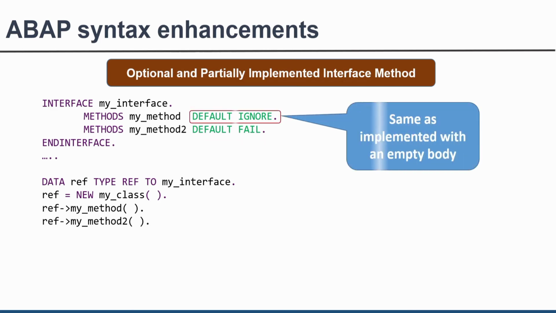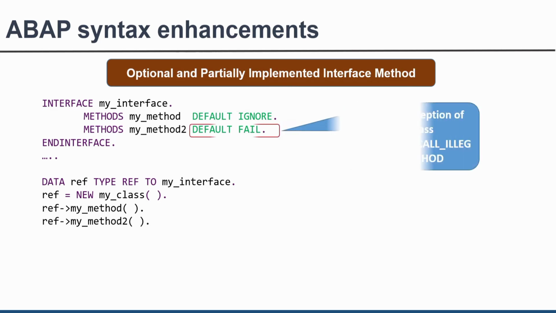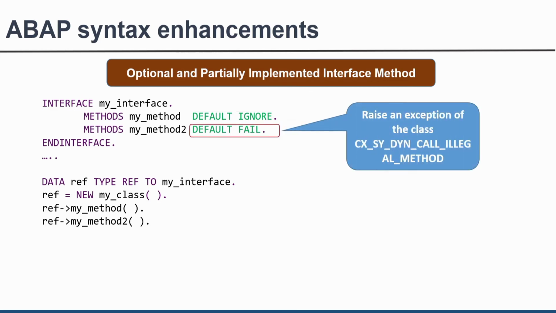When an interface method is defined with default and with the addition ignored, the behavior is the same as when it is implemented with an empty body when it is called. Calls of a non-implemented optional interface method defined using the addition fail; it will raise an exception of the class given on the screen.